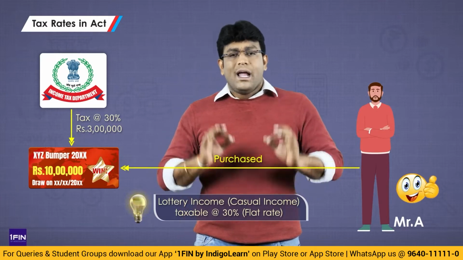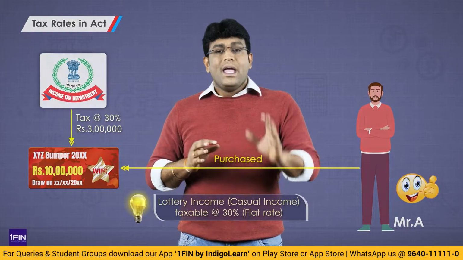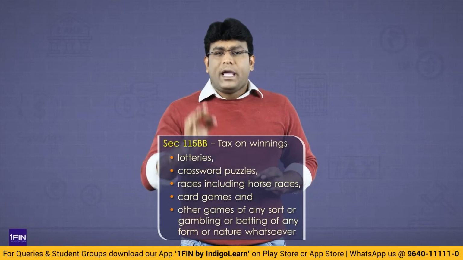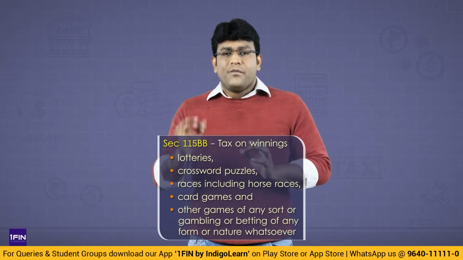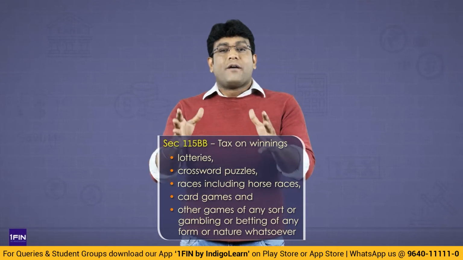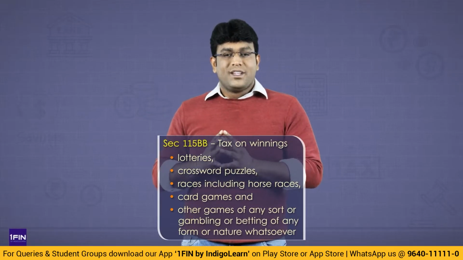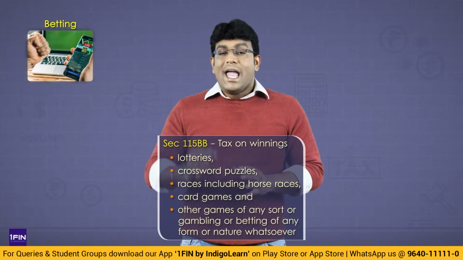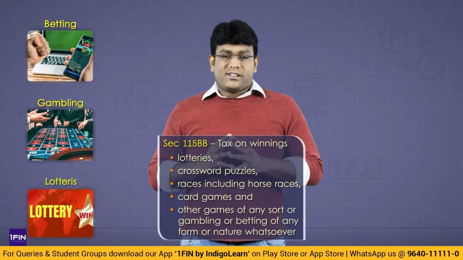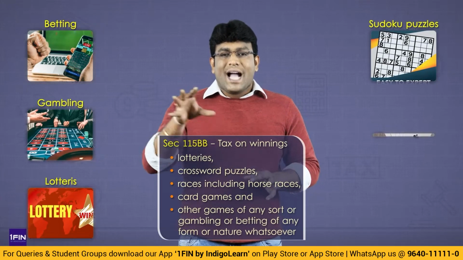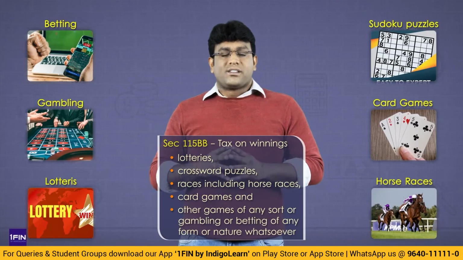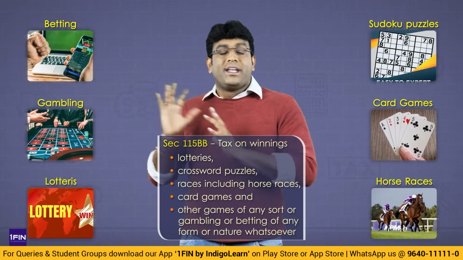So my dear friends, let me highlight the section number here. There is an interesting section known as section 115BB, which specifies that in case of income from winnings from betting, gambling, lotteries, crossword puzzles, something like Sudoku, or card games, or horse races, or any other games of any sort.